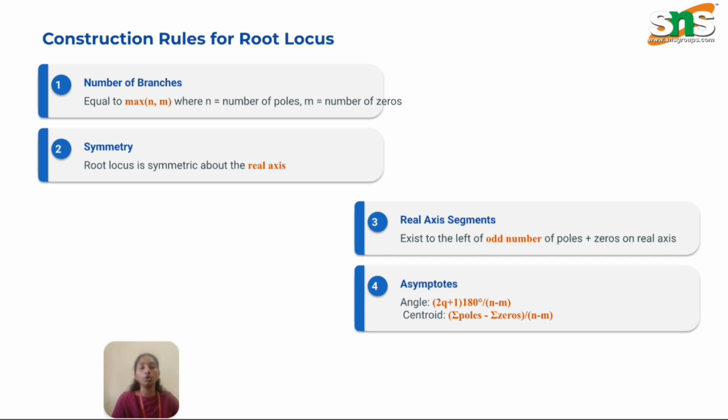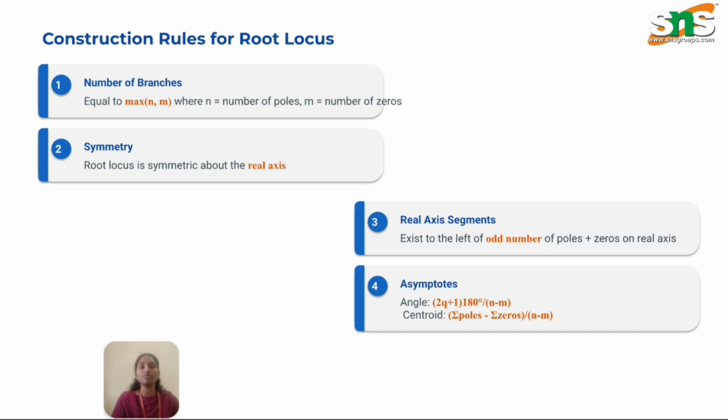If the numerator has one constant value and a parameter like s plus 5 or s plus 10, that 10 is a value for zeros. Whereas in the denominator, we have parameters like s plus 5 and s plus 2, and that 5 and 2 mark the poles. So the value in the numerator gives zeros and the value in the denominator gives poles.